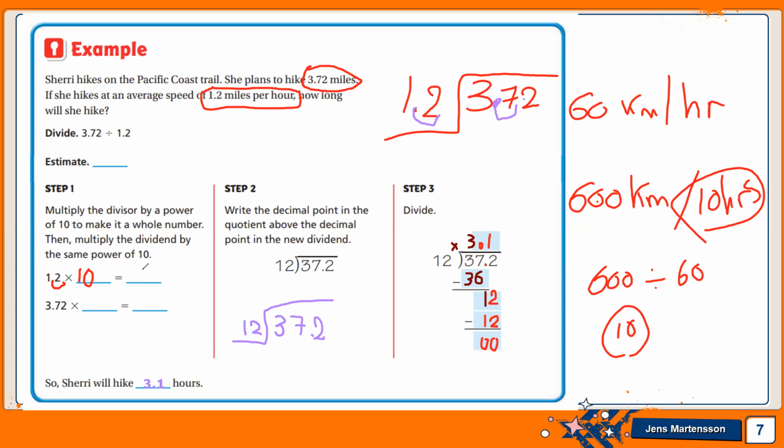And since you multiply it by 10, it comes as 12. Now, because you multiplied the divisor by 10, you must multiply the dividend by 10. And when you multiply anything by 10, as we said before, you will move the decimal point 1 digit to the right. So it will be 37.2.